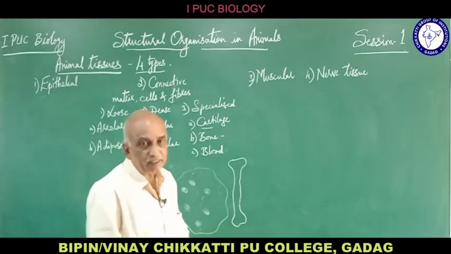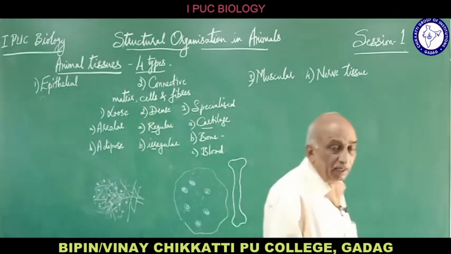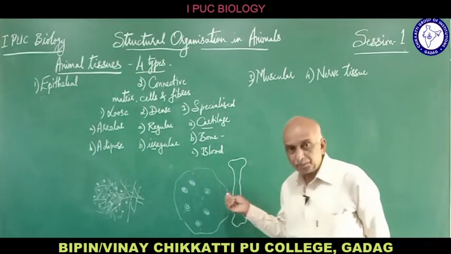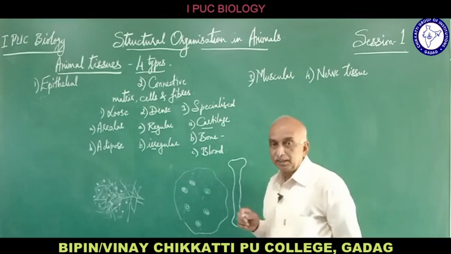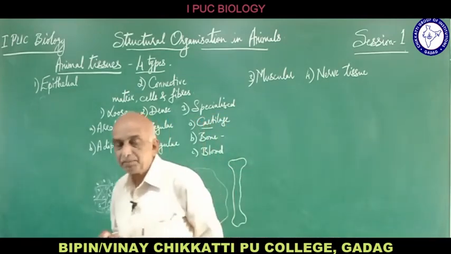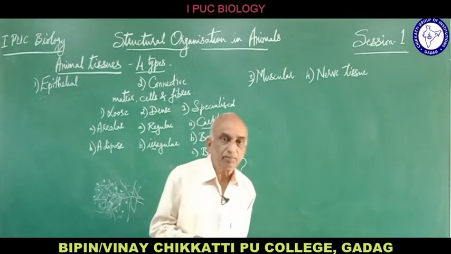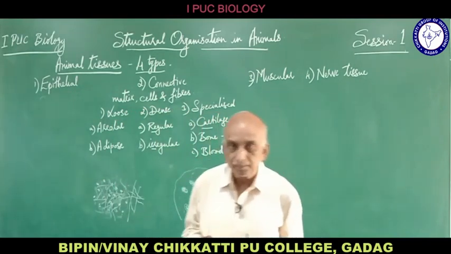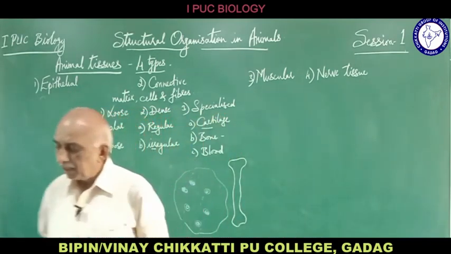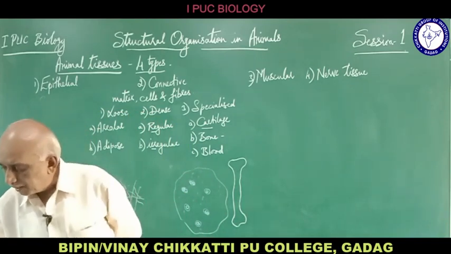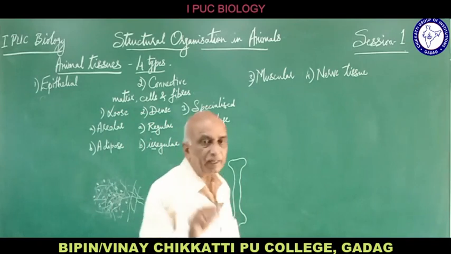The bone is hard because the matrix of the bone is deposited with calcium and magnesium compounds. Calcium carbonate, magnesium sulfate and calcium phosphate are the compounds deposited in the bone, and hence the bone is very hard.